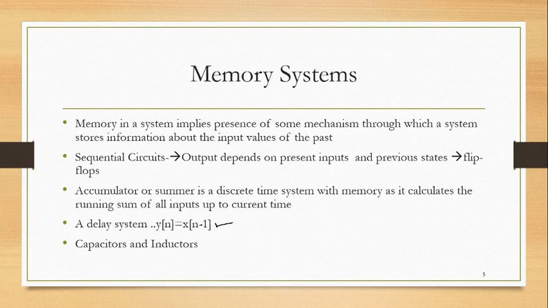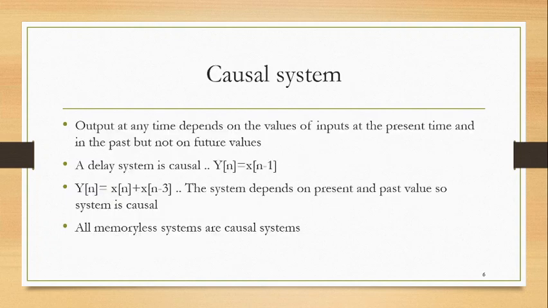Similarly, in continuous time, if we have t minus 1, t minus 2, t minus 3, we say that the system has memory because it is dependent on the past input. Capacitors and inductors are memory systems. Capacitors store energy in electric field, inductors store energy in magnetic field.